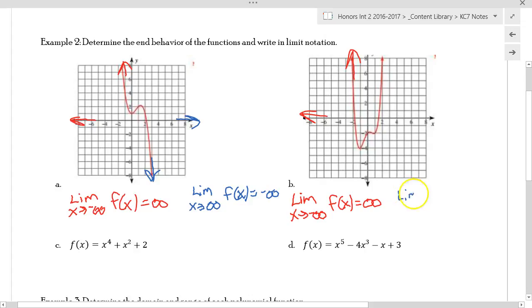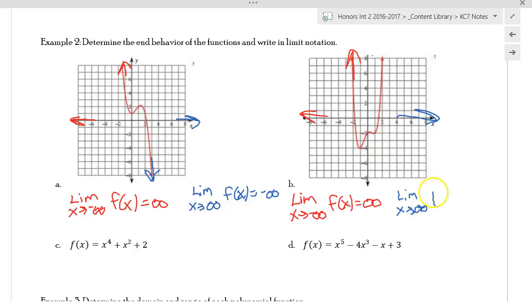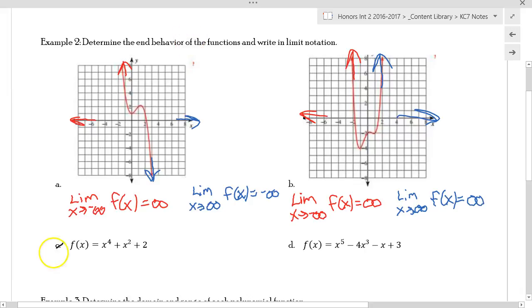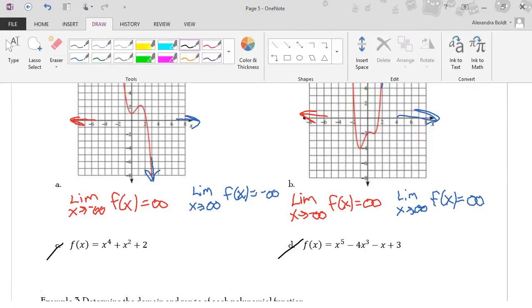Then the limit as x approaches the right is positive, so positive infinity of f of x equals, and on the right my graph is going up, so it equals infinity. Done there. Okay. We're going to skip C and D. We're not going to worry about those ones. We're just going to look at when we have a graph. So we can go ahead and cross those out.